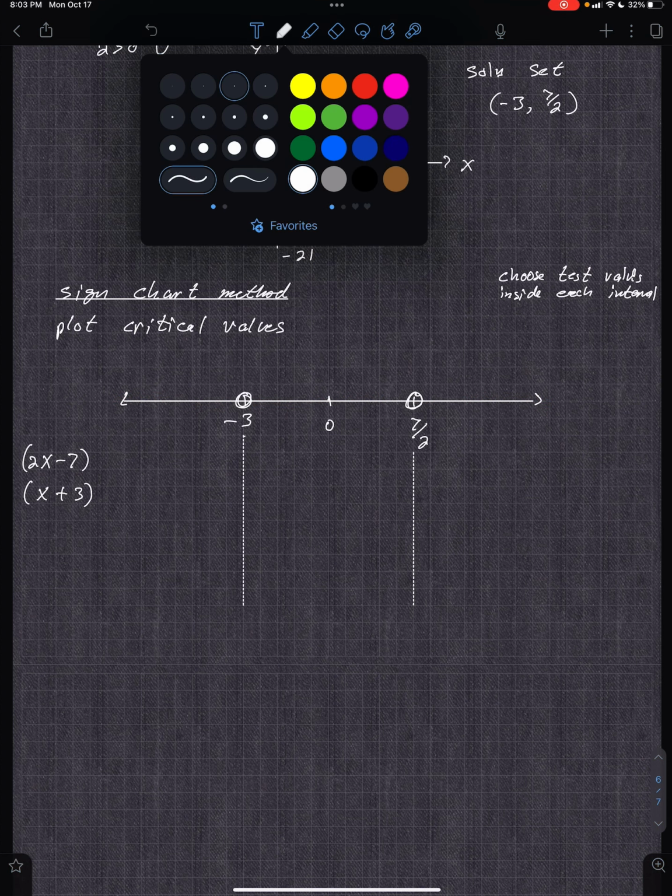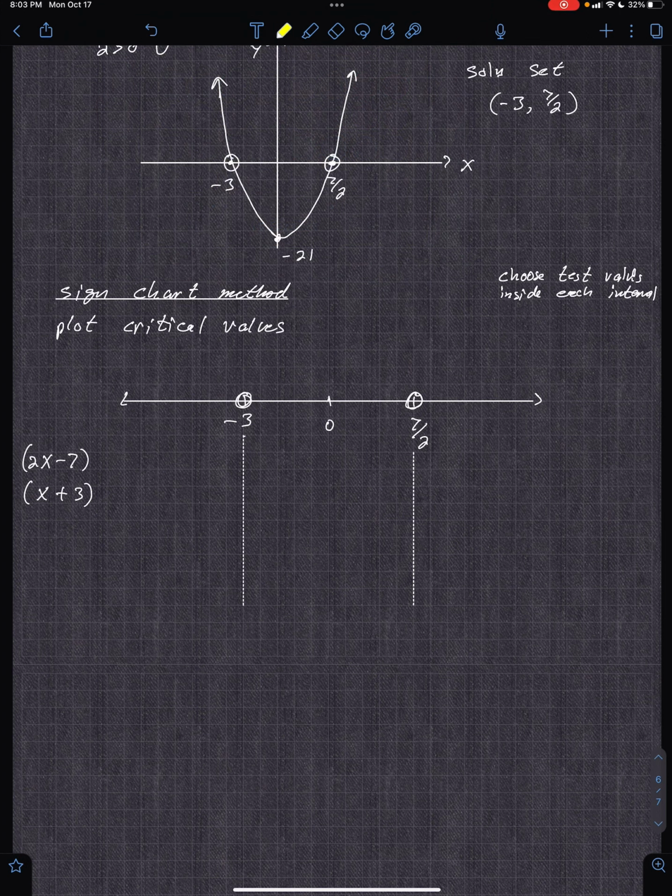So you choose a test value inside each interval. Here's negative 3, so you choose anything to the left of negative 3. You could choose negative 4, negative 5, whatever. Let's just choose negative 4. I often like to choose something like negative 10, way out here, to make it simple. Then you substitute negative 4 into the factor and determine the sign, whether it's plus or minus.